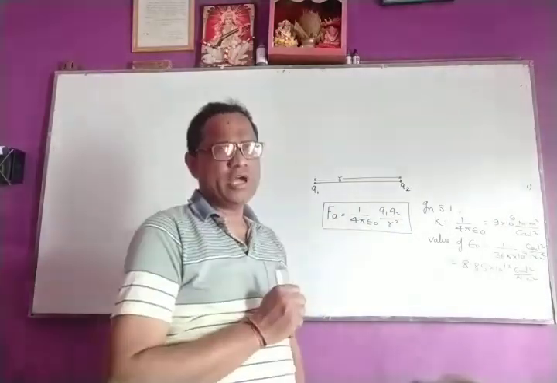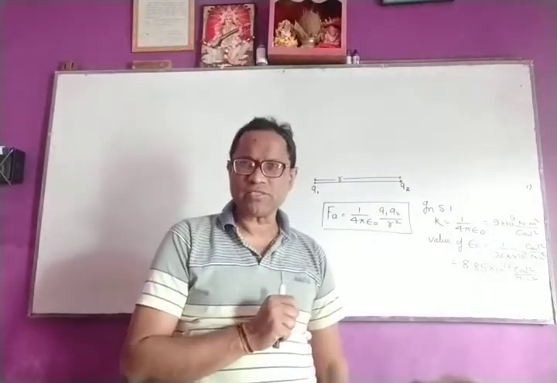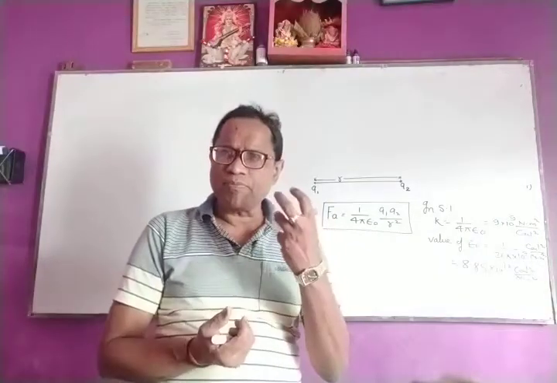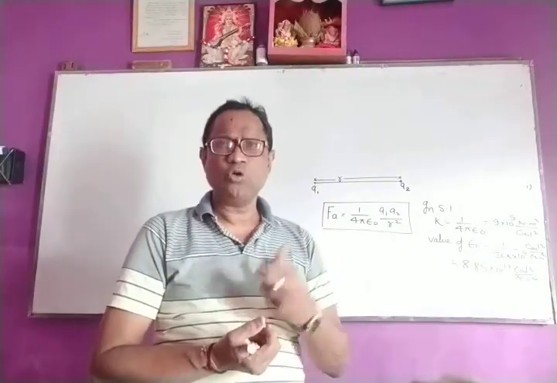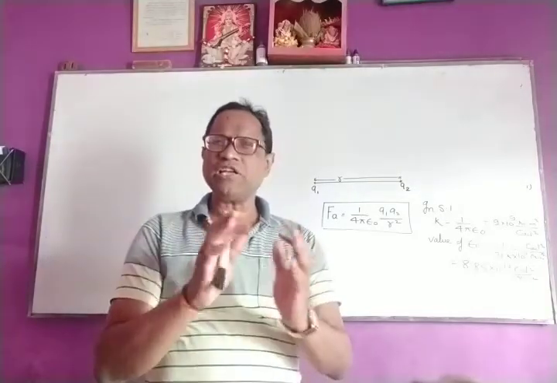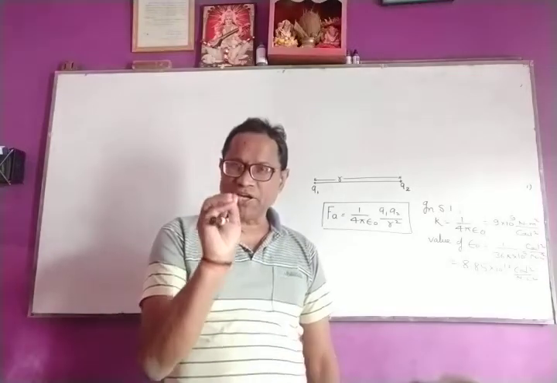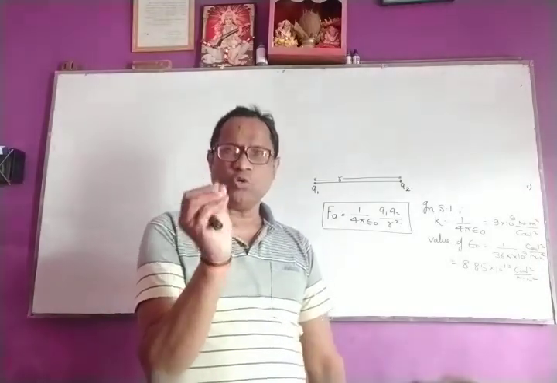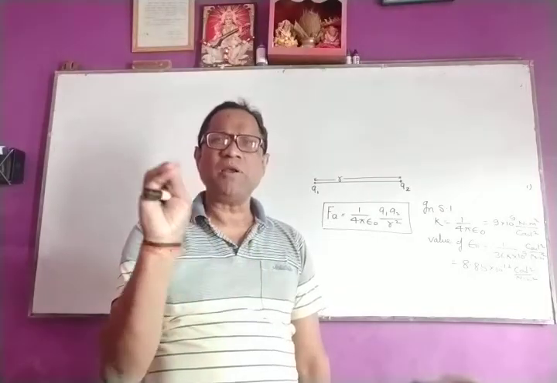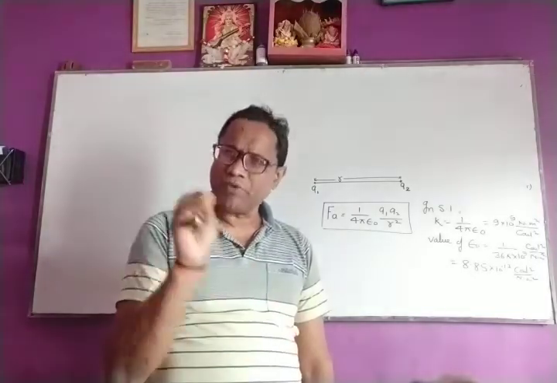Epsilon naught is the absolute permittivity of free space or vacuum. The ability of a medium to permit, to allow the electric field lines is called permittivity.